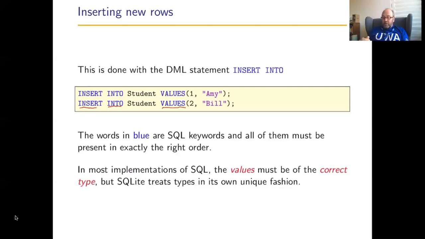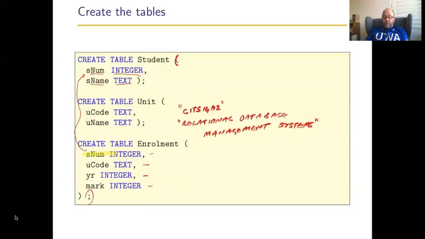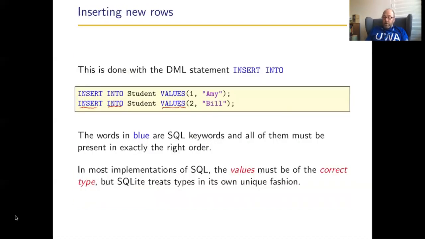Type insert into, then the name of the table, whatever it is, then values, and then one value for each field. Student has 2 fields. They come in the order student number, student name. So when you put in a new row, you have to specify the values for those fields, one column at a time. In most implementations of SQL, the values have to be the correct type.